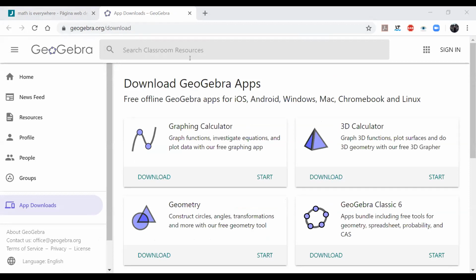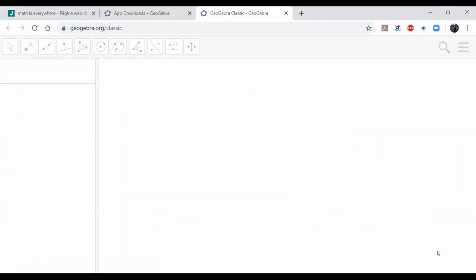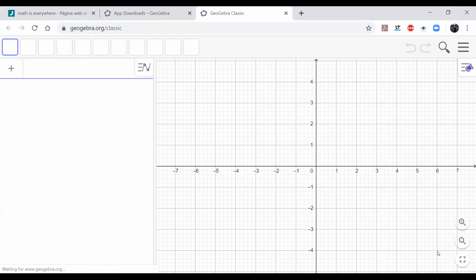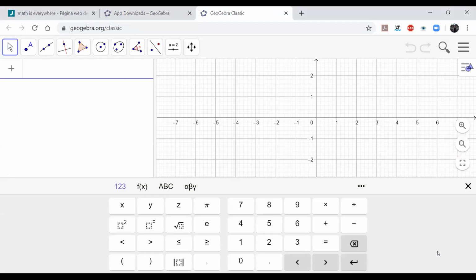There you're going to go to GeoGebra Classic 6. If you can't download the app for any reason, you can work online by clicking Start, but some things are going to be more demanding.